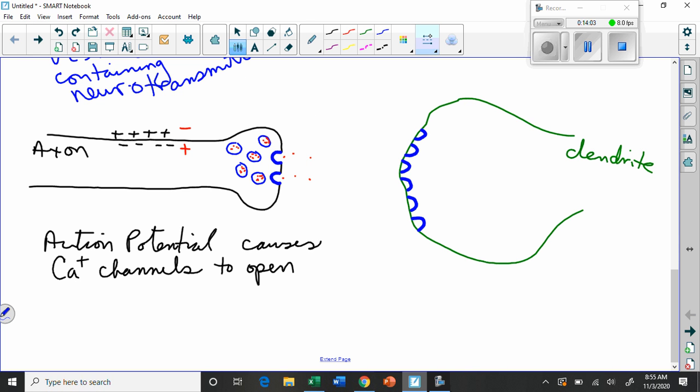All right, so let's label these as receptor sites. Some people were a little confused, but we're not there yet, so don't worry about that.